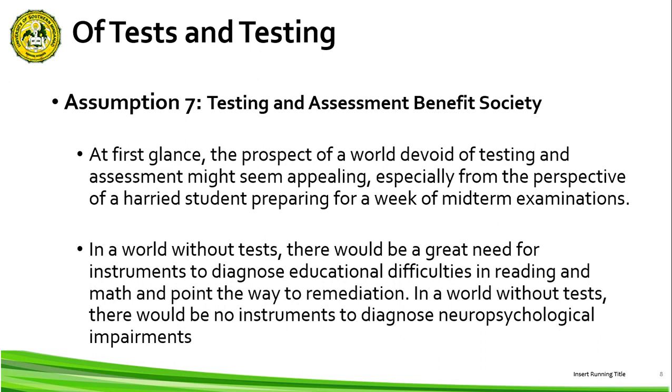This is what assumption 7 is stating: that society needs tests to find people who are credible for the right job, and for those people to find their right positions in society.